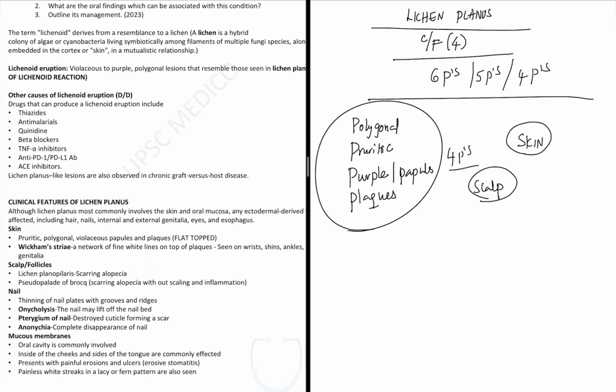Lichen planus causes scarring type of alopecia. Another condition where there is scarring but no swelling and inflammation, we call pseudopelade of Brocq. So if the scalp and follicles get affected in lichen planus, this is what happens. You have lichen planus, lichen planopilaris, and you also have pseudopelade of Brocq, right?